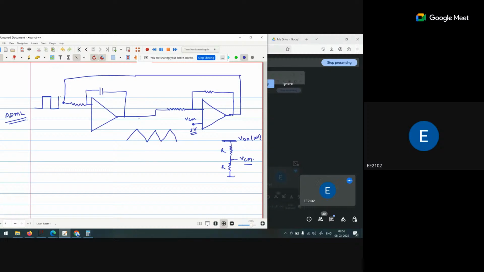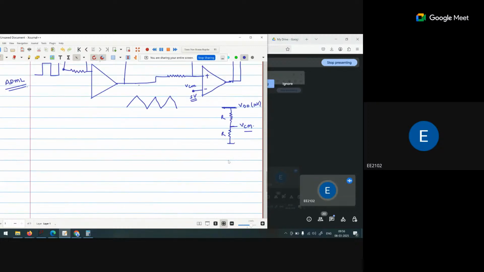Now if I use this particular circuit with positive feedback, it will be used as a comparator. How will it compare? If the V positive terminal is greater than the V negative terminal, we get VDD as output.